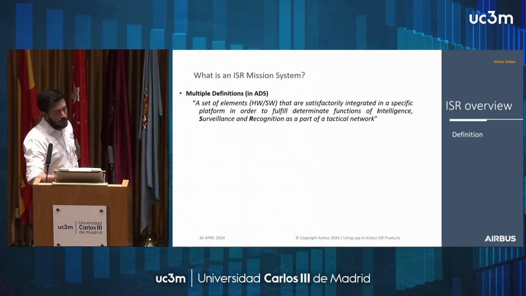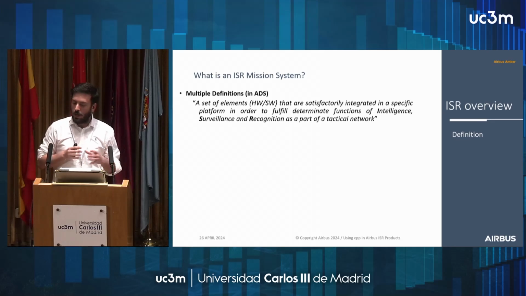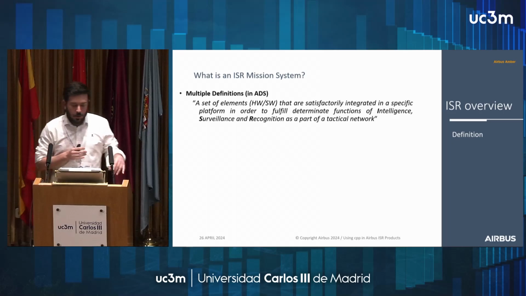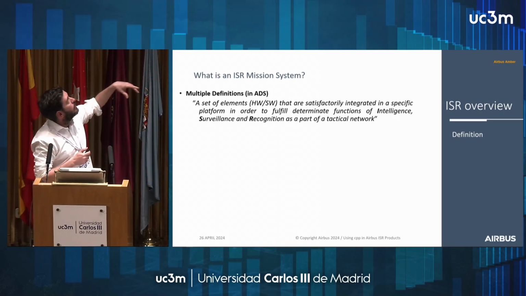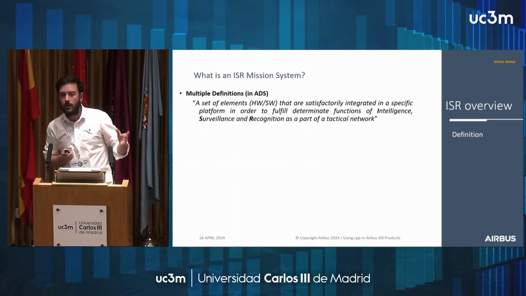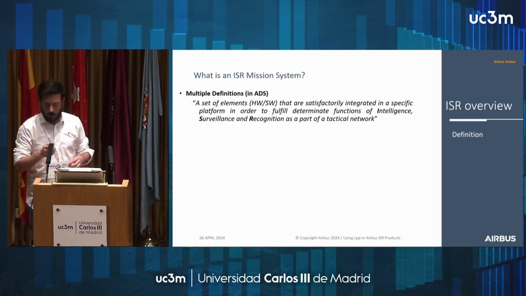For us, it's a set of elements, of course hardware and software, both components that work together, perfectly integrated into a specific platform, and their main purpose is to provide a function, intelligence, surveillance, and reconnaissance, as a part of the tactical network. Don't worry, the definition is complicated, but in the next slides we split the definition in 3 or 4 parts, and it will be more clear.